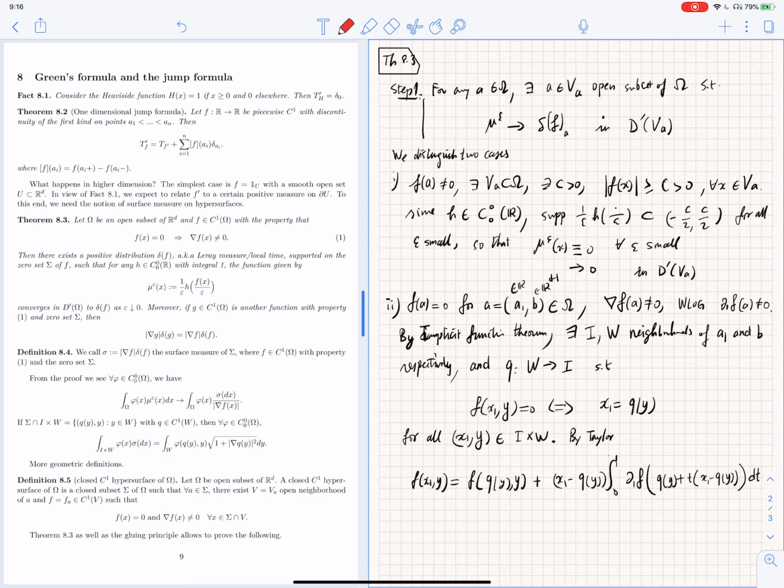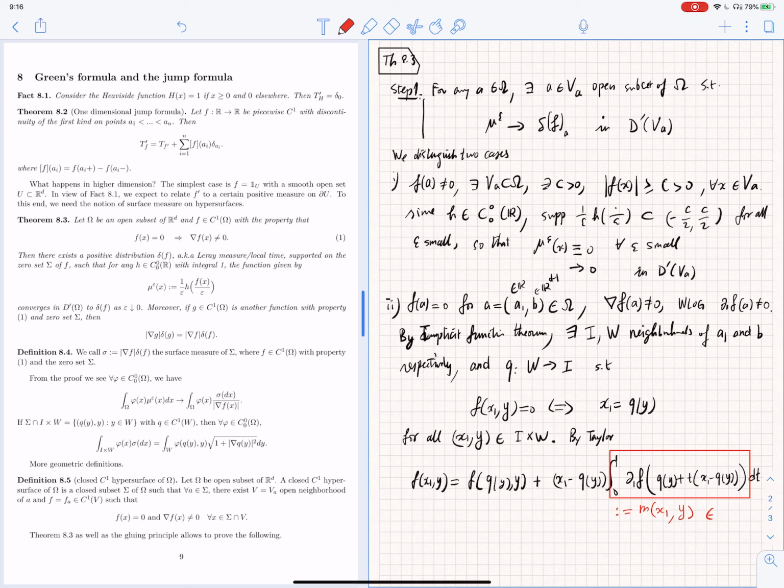Let's give this integral a different name. We're going to call it m of (x1, y).